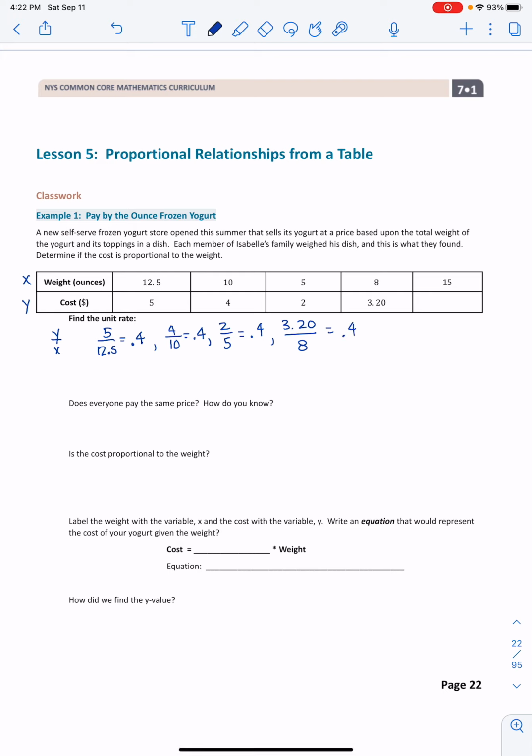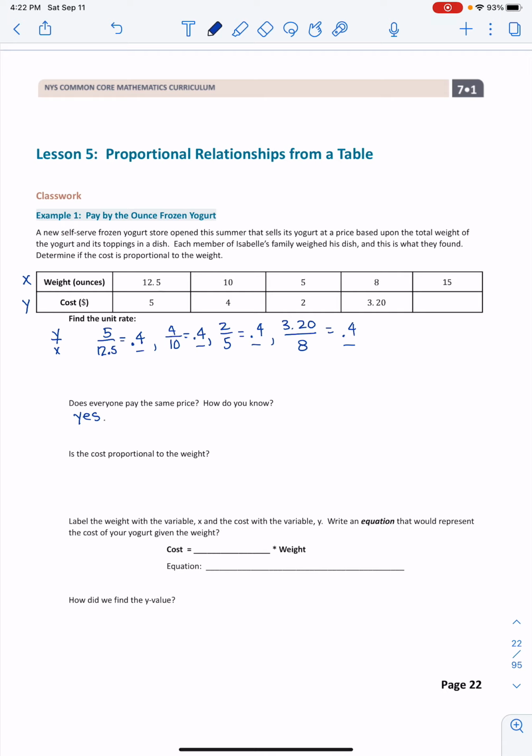All of these, because they are all the same number, simplify to all the same number. Therefore, it is proportional. And it says, does everyone pay the same price? The answer is yes.